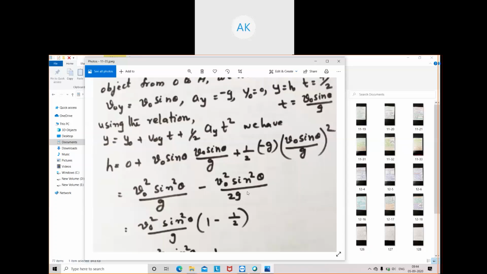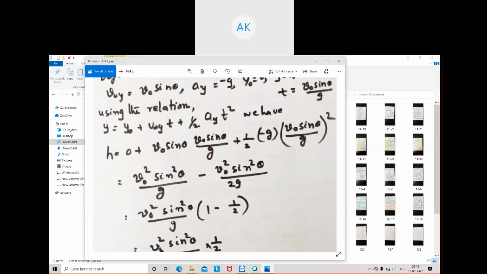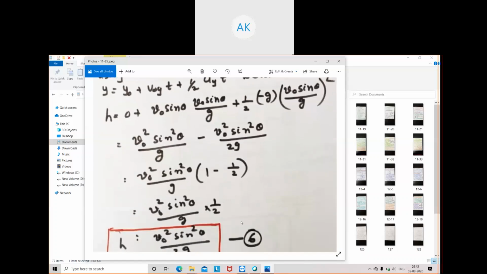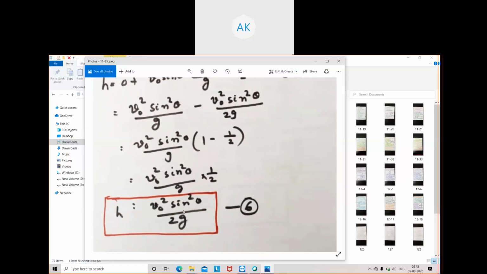Here it is v0 square sin square theta by g, so a common factor is there: v0 square sin square theta by g. Inside the bracket, 1 minus half is half. So v0 square sin square theta by g into half, that is v0 square sin square theta by 2g. That is the expression, and this expression is very important.